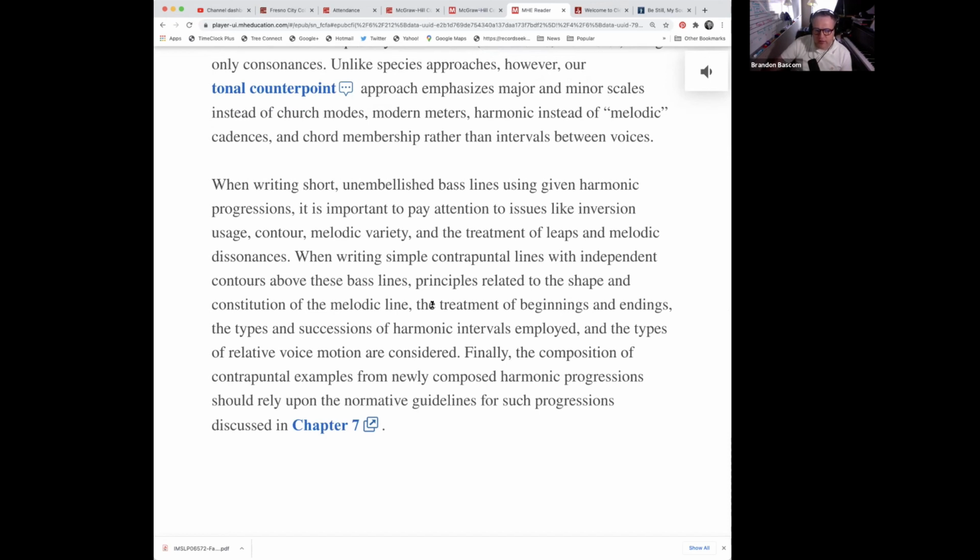When writing short, unembellished bass lines using given harmonic progressions, it is important to pay attention to issues like inversion usage, contour, melodic variety, and the treatment of leaps and melodic dissonances.